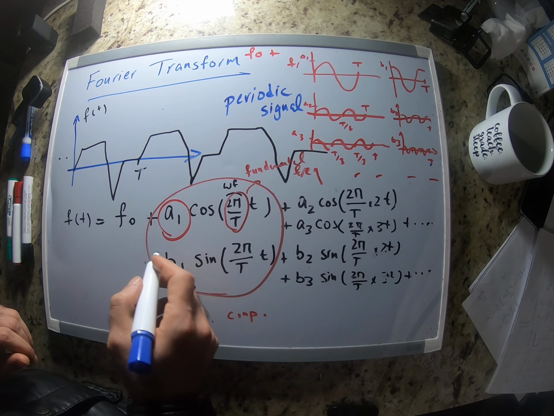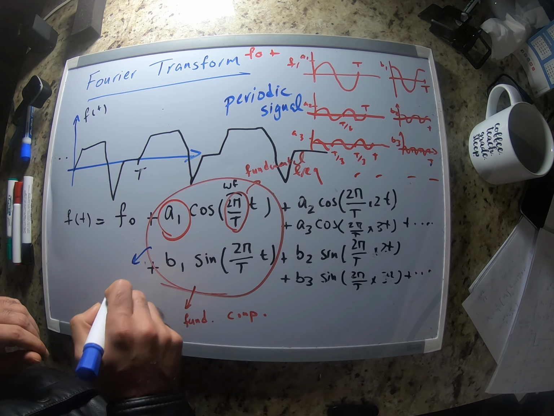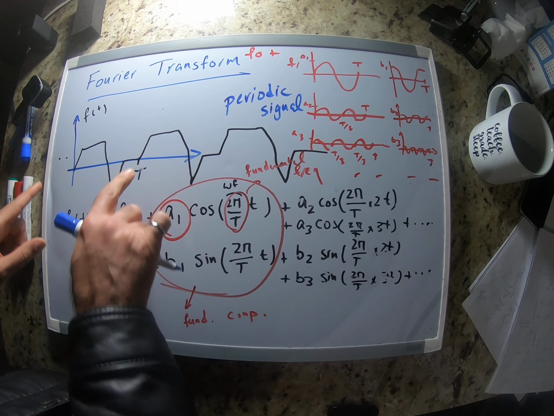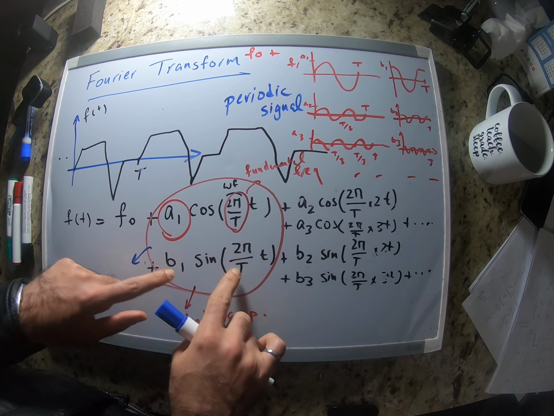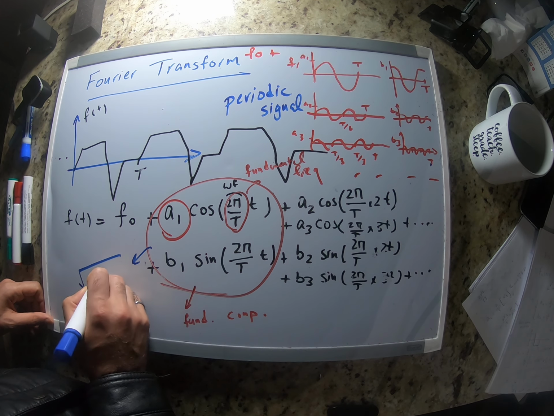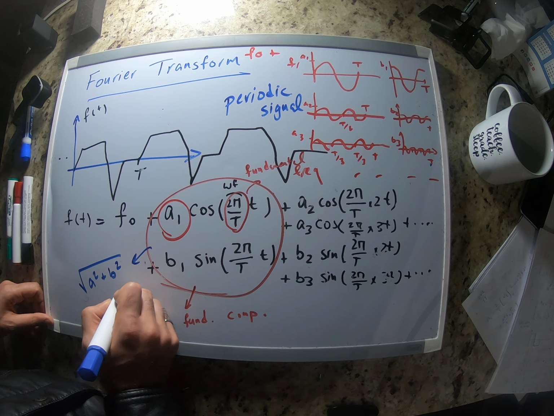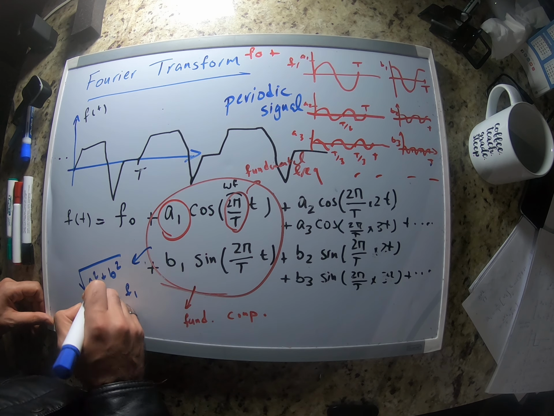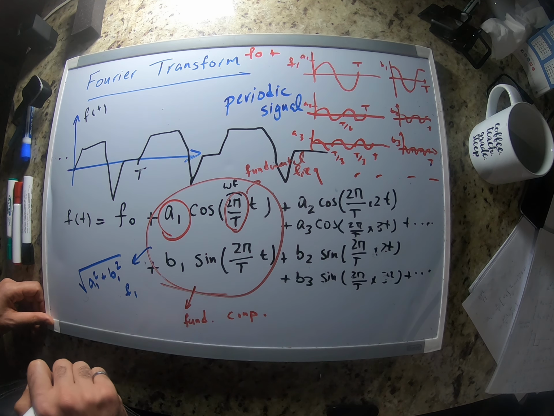So for example, in this case, we have this much cosine of the fundamental frequency and this much sine of this frequency. So the whole component of the fundamental frequency would be A1 squared plus B1 squared, right?